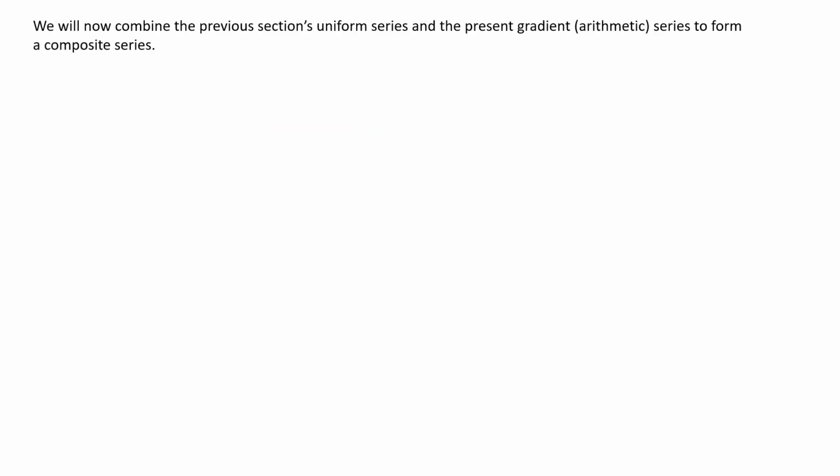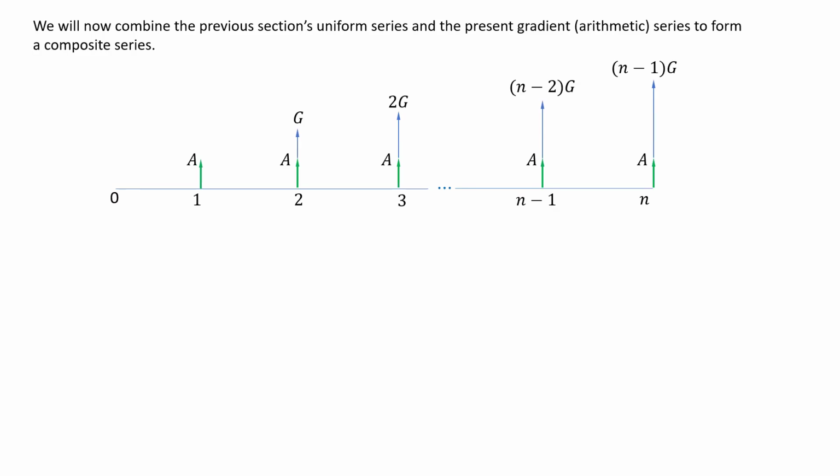Oh, we'll now combine. What if you had a uniform series? I better be careful. This is kind of important. So we have uniform series A starting at 1. And we have a gradient series starting at what? Is the gradient series starting at 1 or 2? The gradient series is starting at 1.